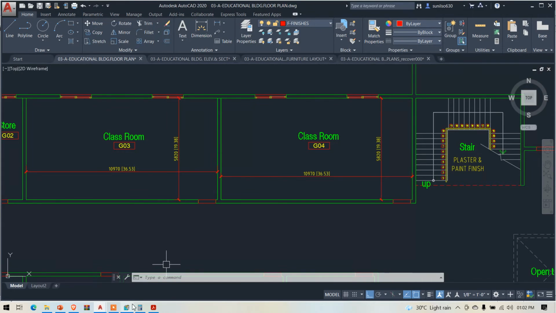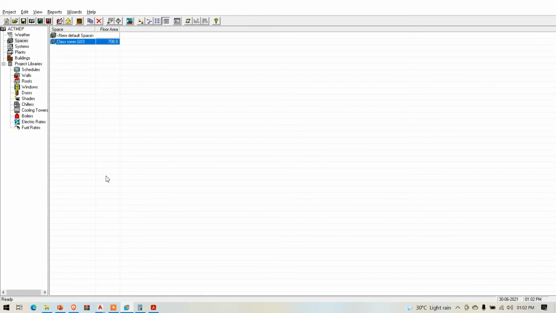Then again no need to create a new space from scratch, because we already created one space, classroom 03, and for this we can do a duplicate. All the inputs are the same, so no need to do any modifications. We can just create the duplicate.